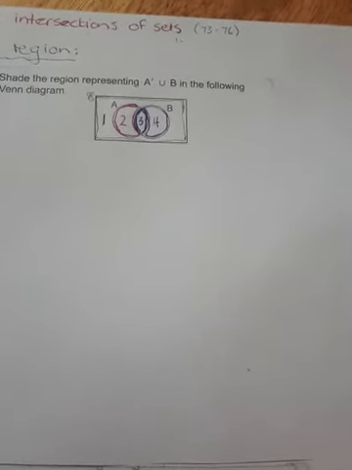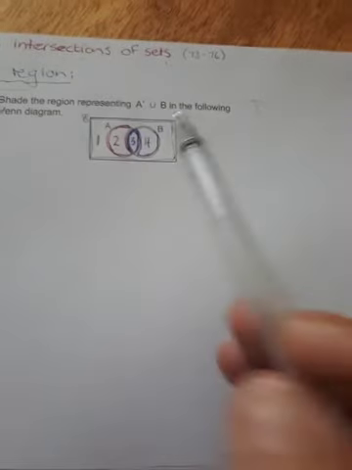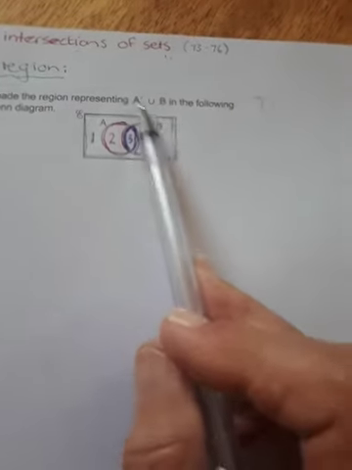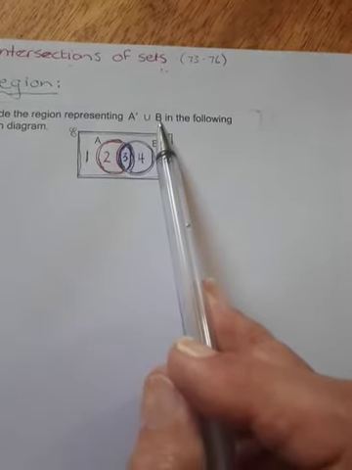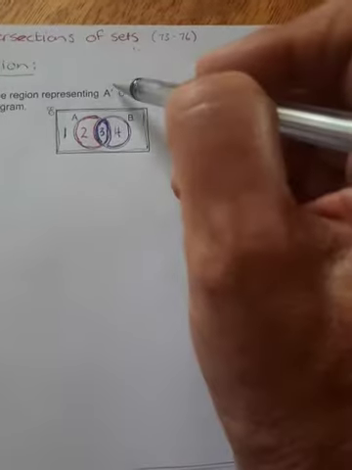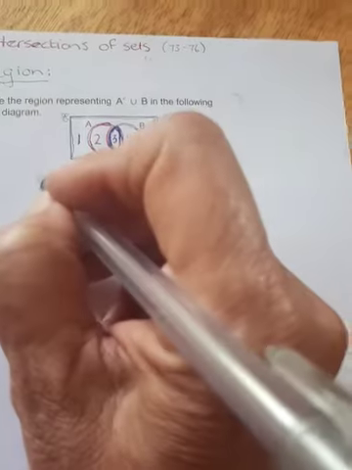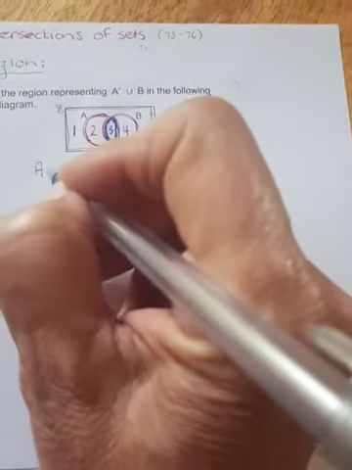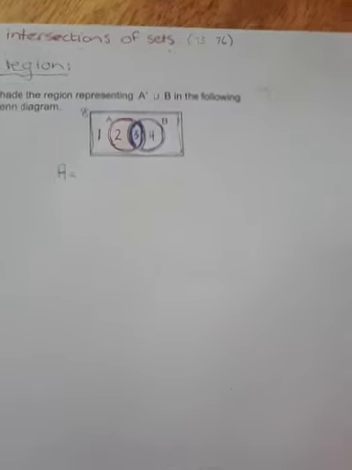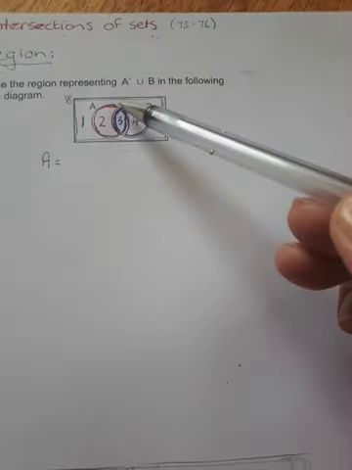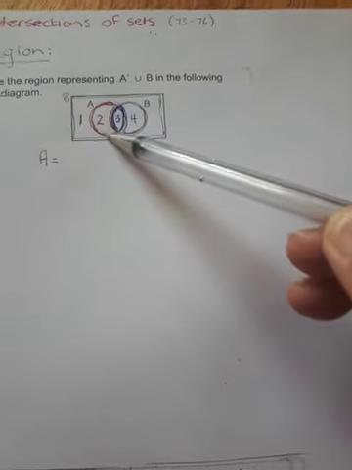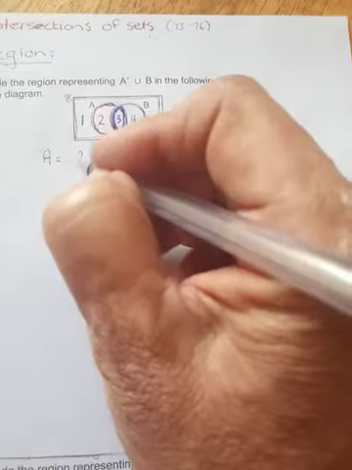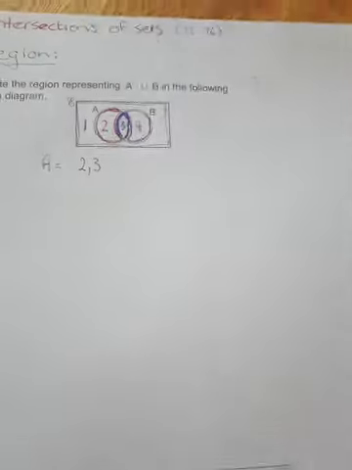All right. Now once you have done that, you then look at what is being asked. So we have A complement union B. Because this is complement, I first want you to write down what is region A. And if you look at A, A is this whole circle. So region A is 2 and 3.